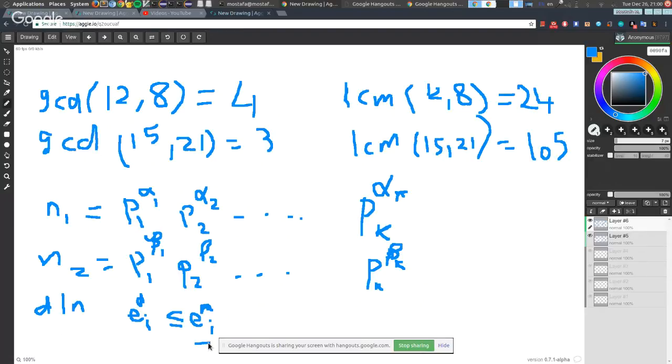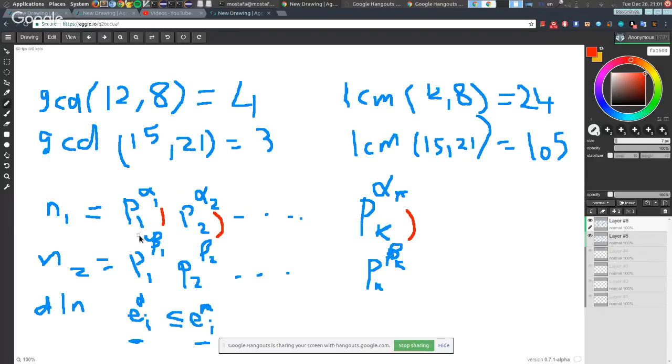Basically, this has to be greater than this in order for the result to still be an integer. So to get a number that divides both n1 and n2, it has to have a power here that is less than or equal to both of these two powers, and also the power of p2 has to be less than or equal to both of these, and so on.